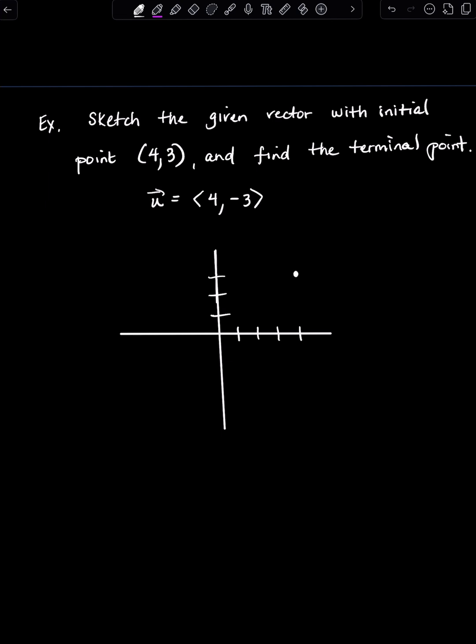Component form gives me a horizontal component of 4, so I'm going over 4, and then I'm going down 3.